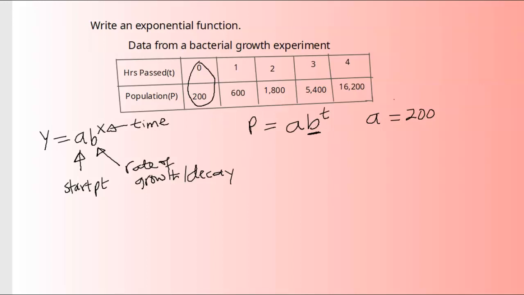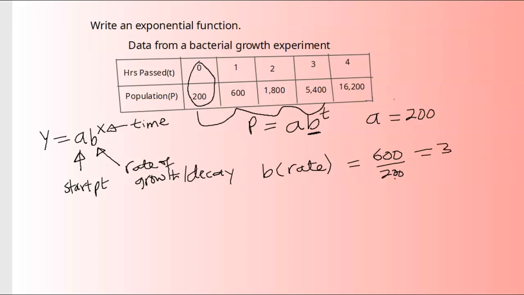Since we know it is a growth, we can use the population to see what is happening. From here to here, and then here, there has to be a constant ratio. To get b, which is the rate, we can say 600 divided by 200, and you cancel the zeros, you get 3.